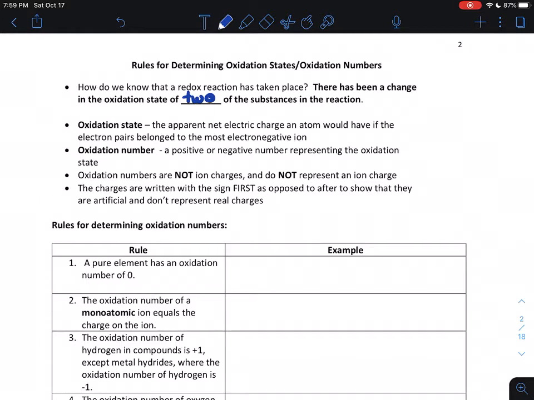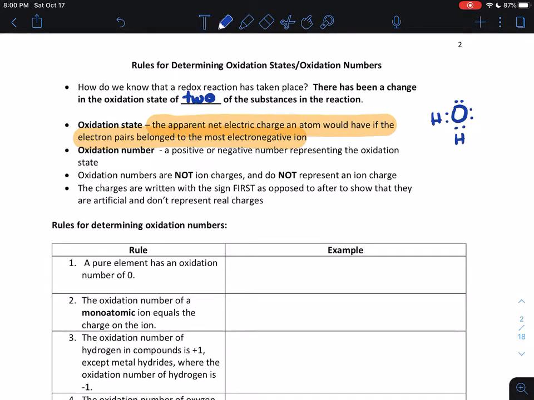The oxidation state is the apparent net electric charge an atom would have if the electron pairs belong to the most electronegative atom. The example I like to give with this is water. Water is a covalent or molecular compound. It's not ionic. And here's water.